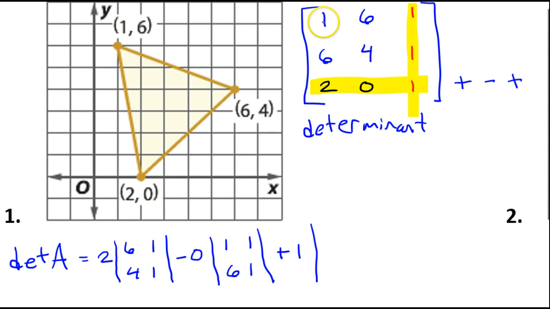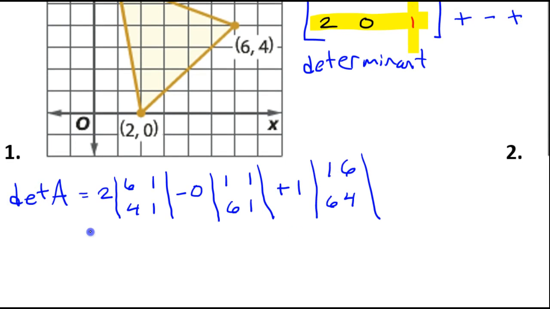That creates the minor 1, 6, 6, 4. By the way, if I were to do the middle row, the sign pattern would be negative, positive, negative: change it, keep it, change it. If I did the top row, the sign pattern would be plus, minus, plus again.